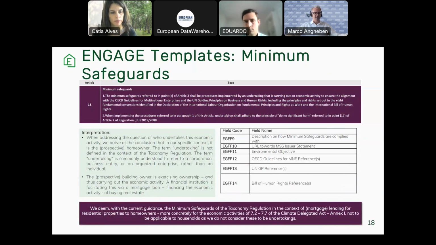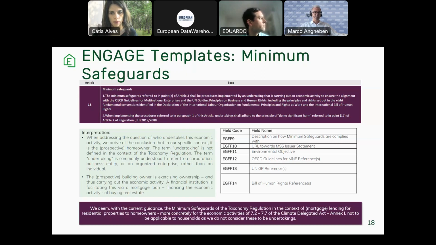If we move to the next slide, here we also look at the minimum safeguards, and we add specific references in terms of the questions related to the economic activities. Most importantly here, we create a specific set of fields that have not changed compared to the previous version, sorry.